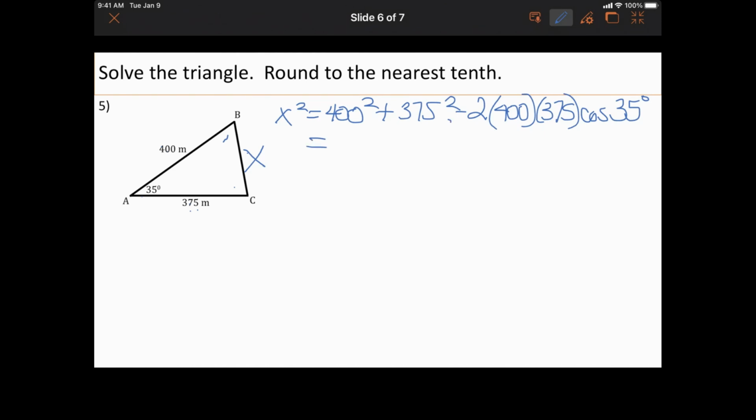I'm going to do this part first just to simplify things, because we are solving, so I am going to have a lot of work written here. Then I'm going to do that part.